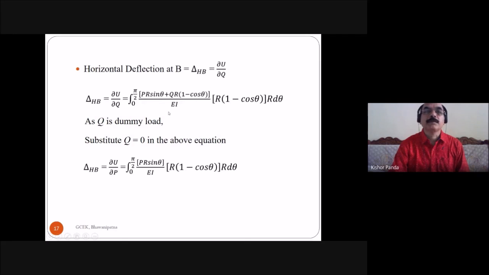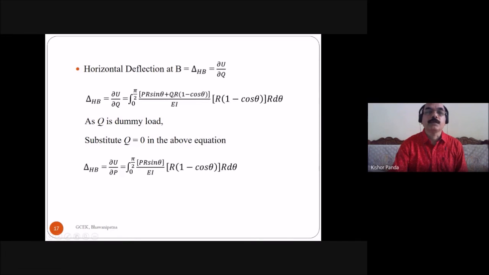This is the expression, the differentiation of strain energy with respect to Q. Then what do you have to do? As Q is a dummy load, you have to substitute Q is equal to 0 in the above equation. After taking the differentiation with respect to the dummy load, as there is no actual load there, you substitute the dummy load equal to 0 in this expression.